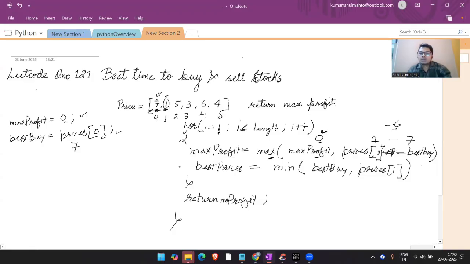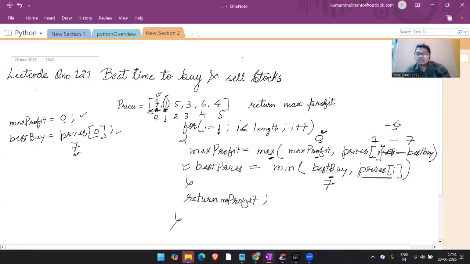Now again, I will come to this line. I need to assign the best price, which should be the minimum among all the prices. Initially, best price is equal to 7, as you can see here. And currently I'm standing at this position.